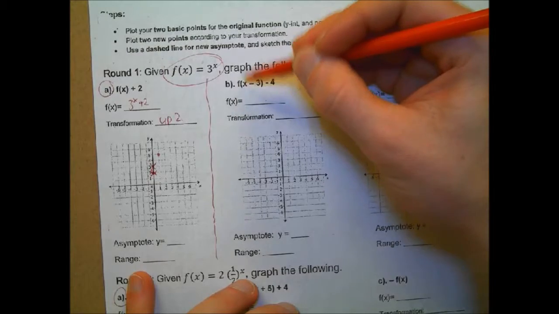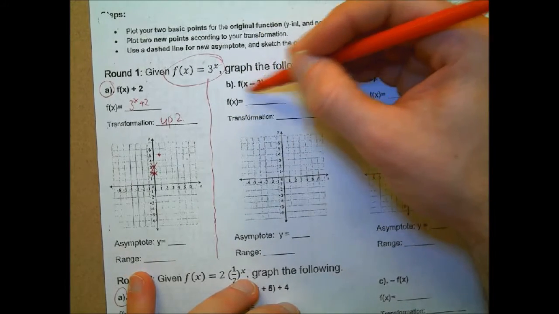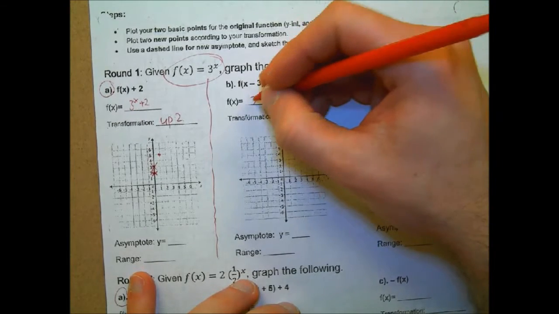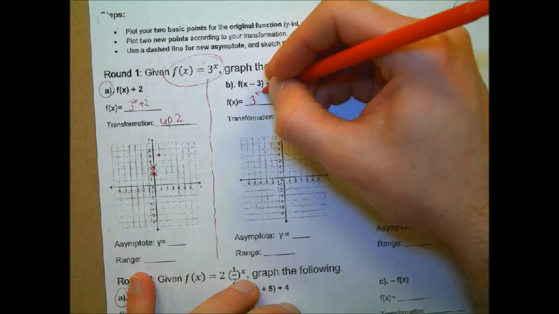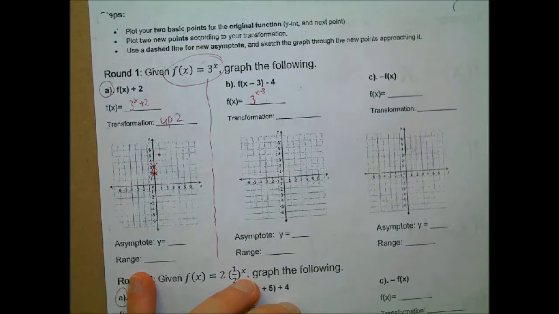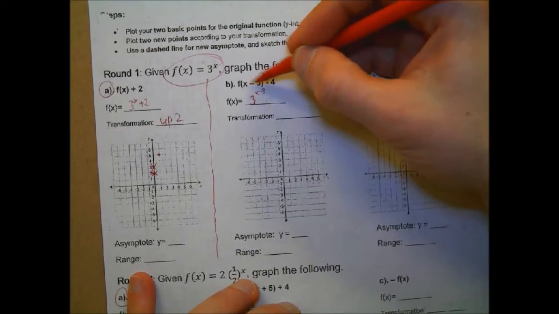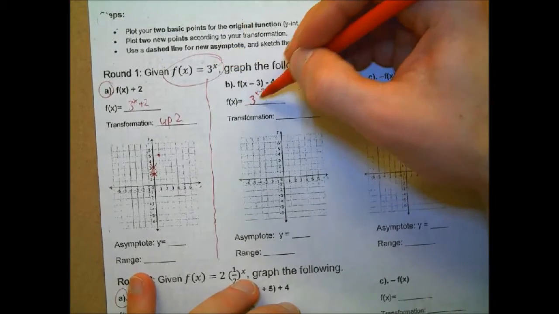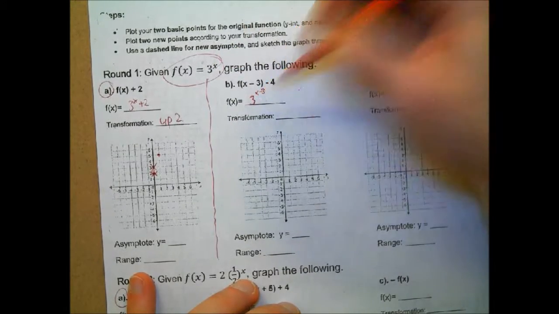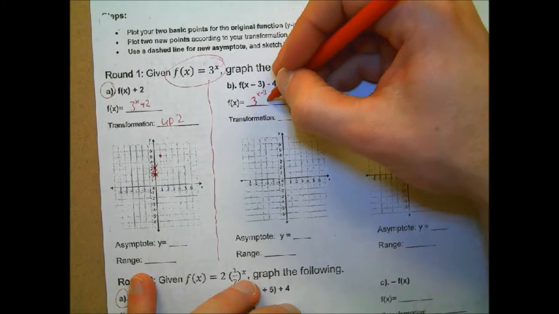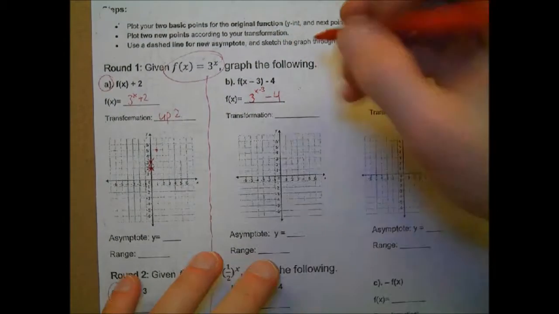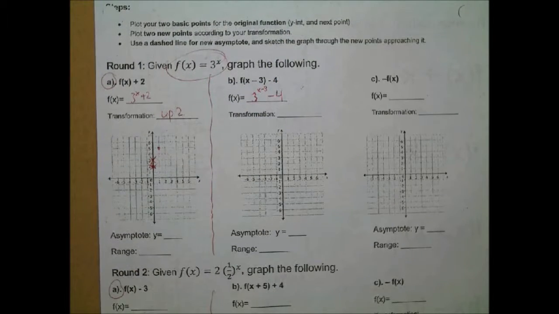So when I write my new function with the transformation, it's going to be 3 to the x minus 3 power. See how the x minus 3 is in the exponent with the x? That's going to replace our power here. So it's 3 to the x minus 3 power. And then the minus 4 goes on the outside, on the main line there. So x minus 3 in the exponent, minus 4 on the outside.